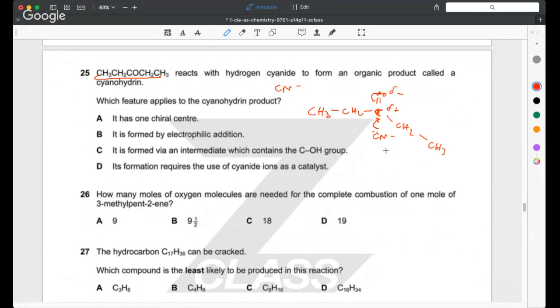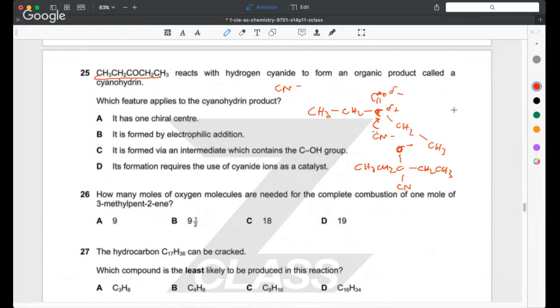Good. So what happens then is that you get an intermediate forming where you've got the negative charge on the oxygen there, and you've got the new bond that's formed there. And so that is the intermediate.